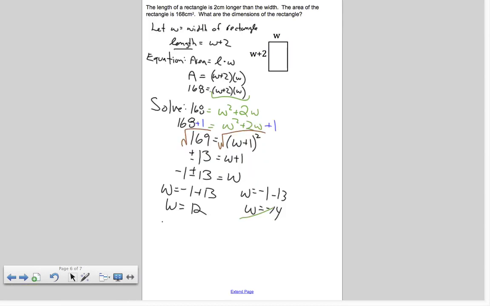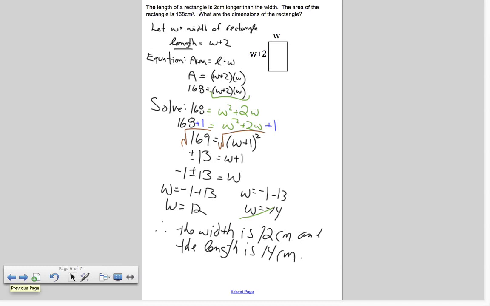So therefore, the width is 12 centimeters, and the length is 14 centimeters. Okay. w equals 12, l equals 14.